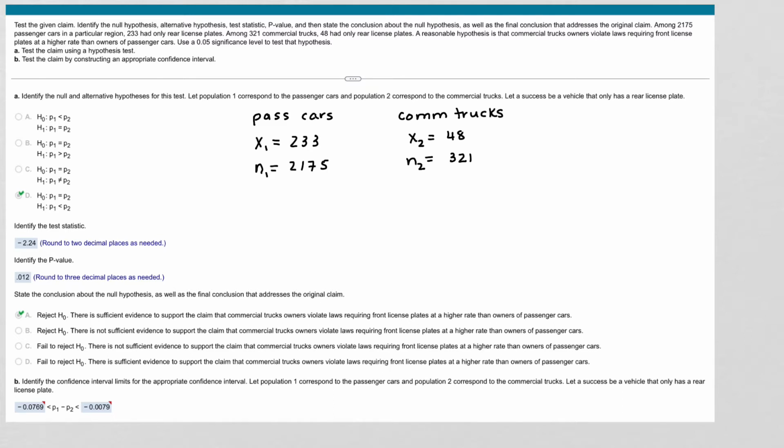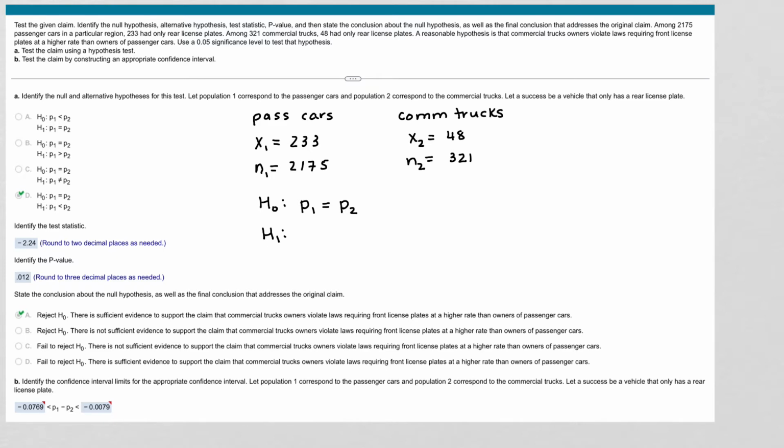When we're looking at P1 versus P2, our null hypothesis is that P1 is equal to P2. And for the alternative hypothesis, I need to look at the claim. What is it that we want to test?